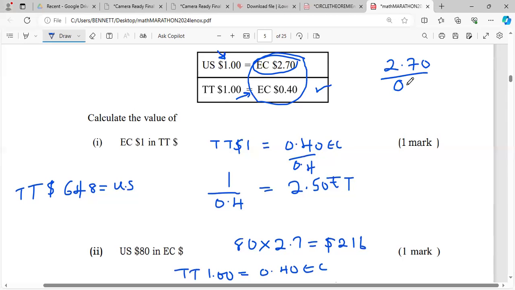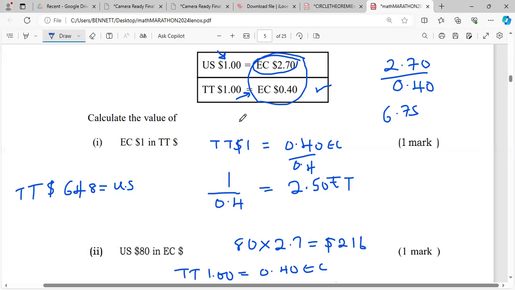That gets the US equivalent. Let me see how much this works out to. So $2.70 divided by 0.4 works out to $6.75.